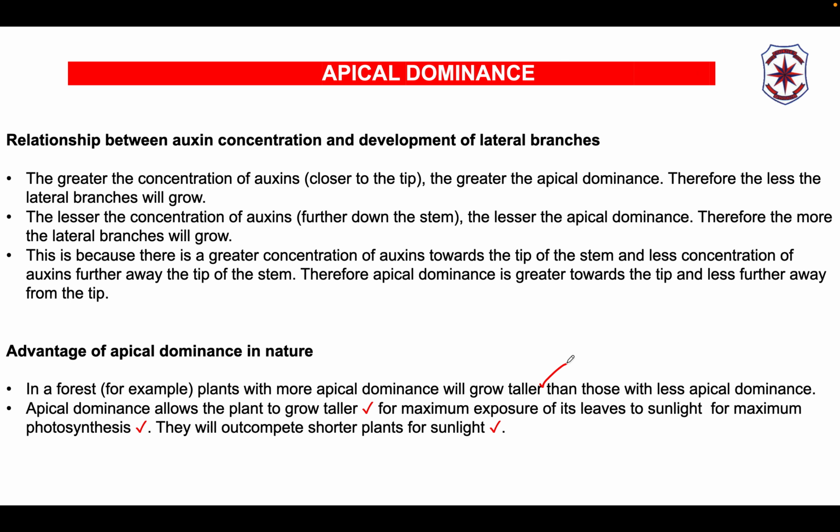Apical dominance allows plants to grow taller, 1 mark, for maximum exposure of its leaves to sunlight for maximum photosynthesis. So there is another point there: maximum exposure to sunlight. The taller the plant becomes, the more it will be exposed to sunlight. Why? Sunlight is needed for photosynthesis.